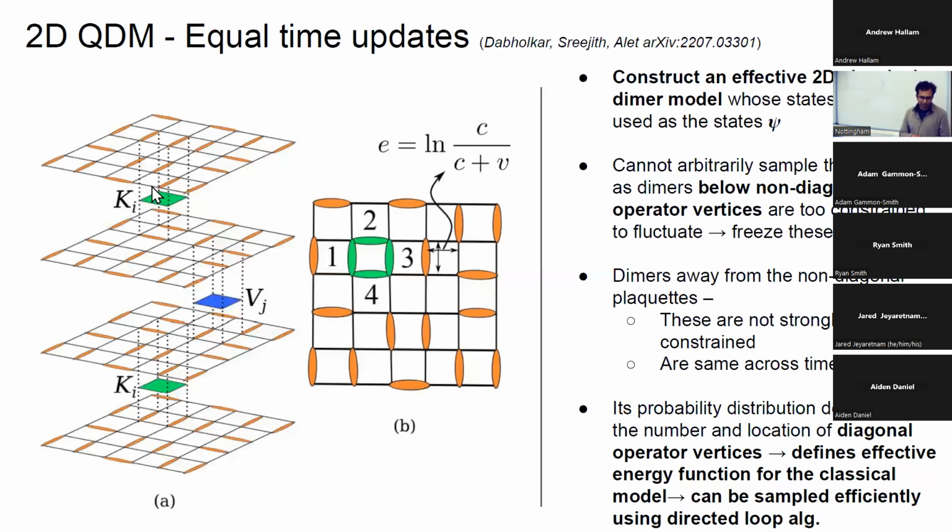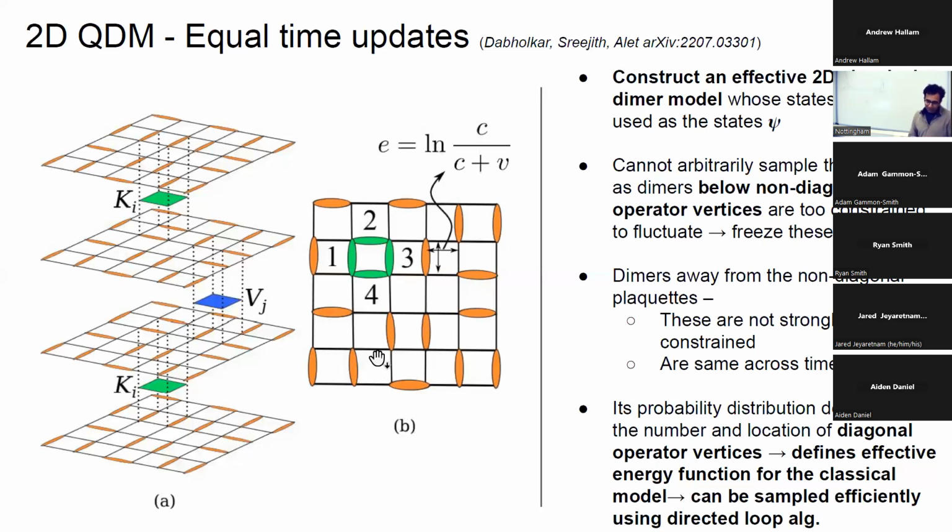What we do is take a particular time slice and perform what is called a directed loop update. To do a directed loop update, there is an efficient algorithm that allows you to sample 2D classical dimer configurations, which is ergodic.